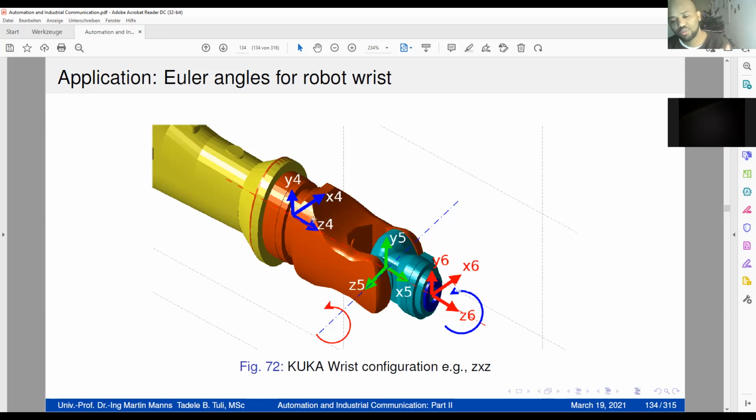So it is Z, X, and again Z, ZXZ. Okay. So you could think like that.